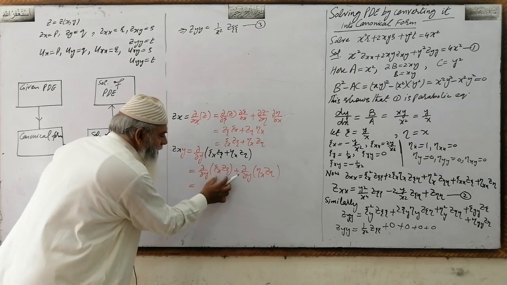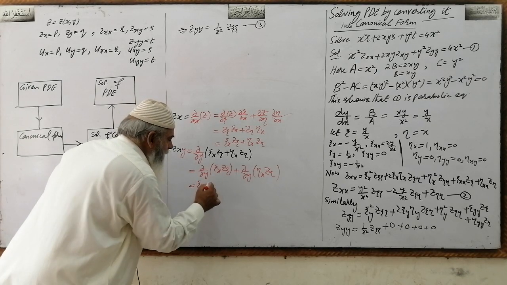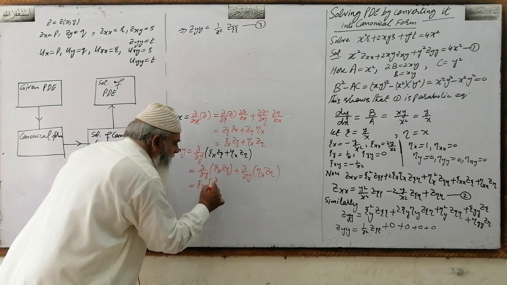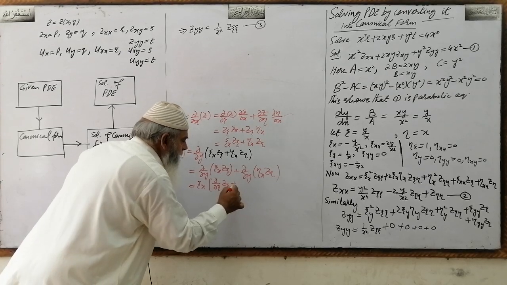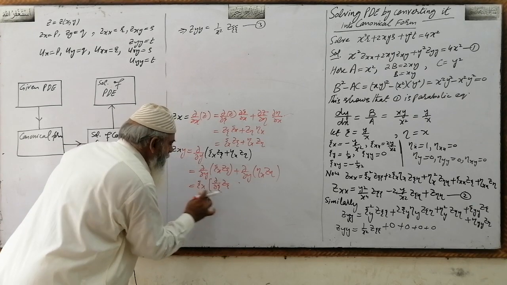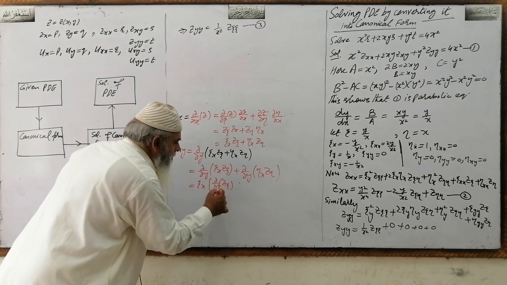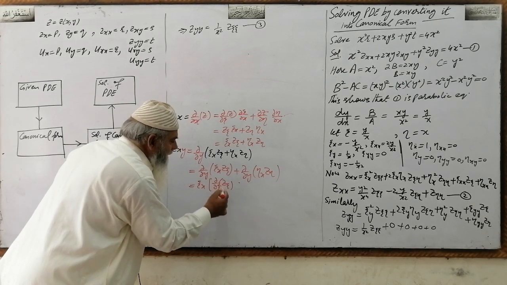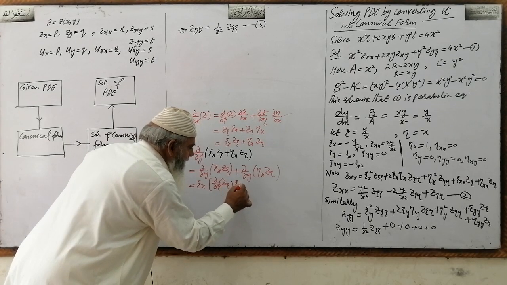Once again, here we have to apply the product rule. Keep ξx as it is and apply the chain rule on zξ. This will be partial over partial ξ of zξ, and in order to compensate it, you will have ξy.